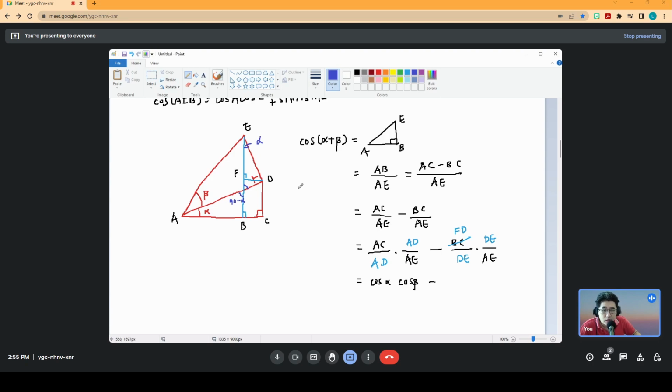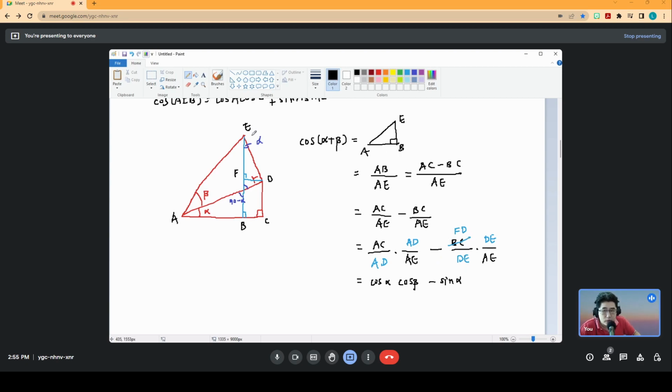So since this is alpha, and by looking at FD and DE over here, corresponding to this small triangle, you see that FD is the opposite of alpha, and DE is the hypotenuse of alpha, hence I have sine alpha.